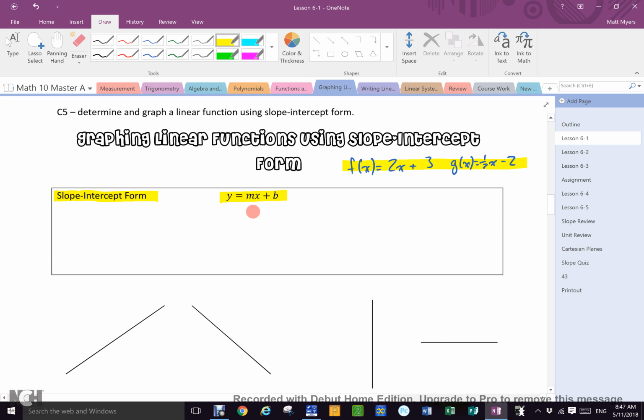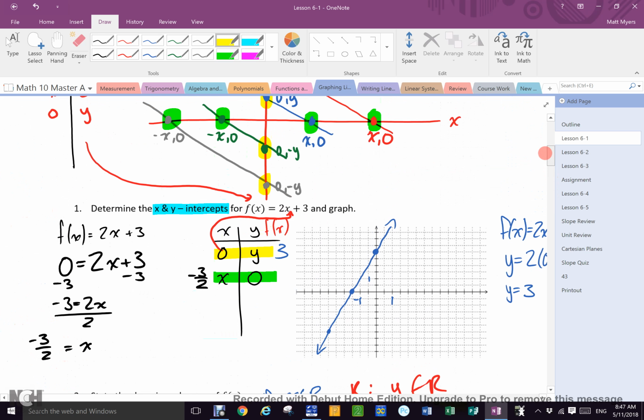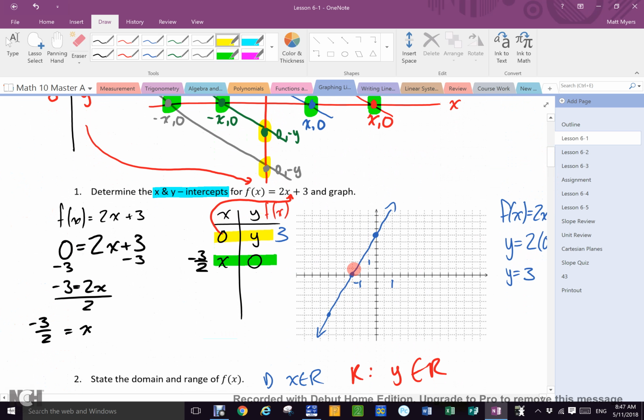Now, I want you guys to look at the two things we graphed. Right? What was the slope of this one? We went up how far? How many squares? 6 squares, right? But we went up 3 in value, correct?